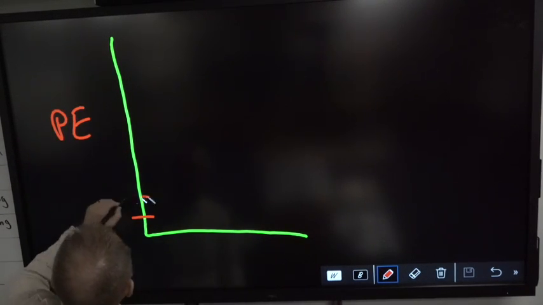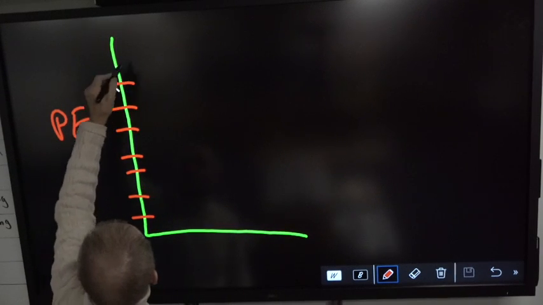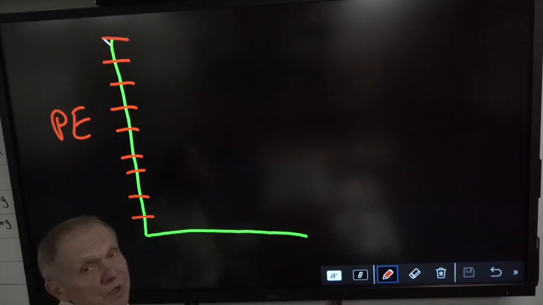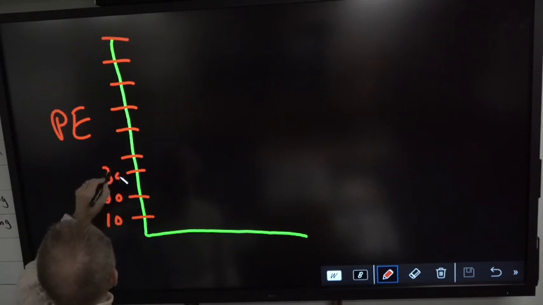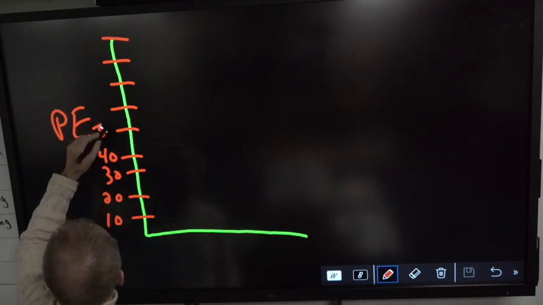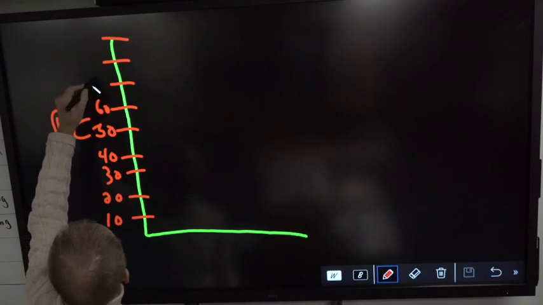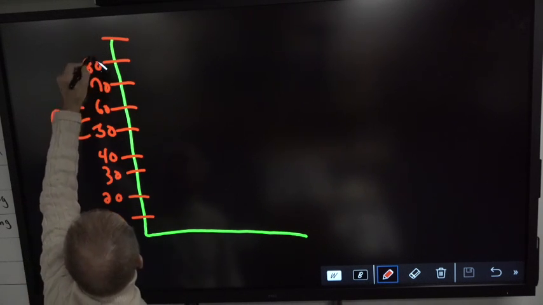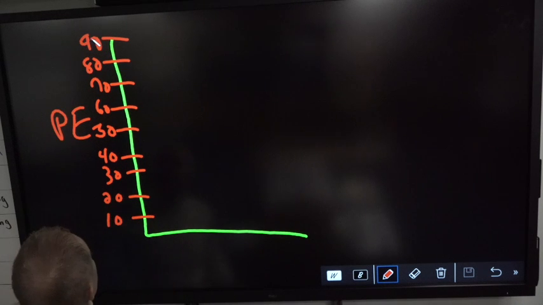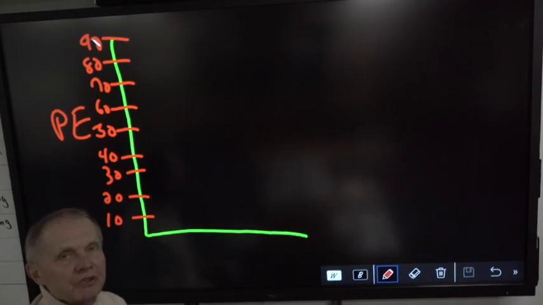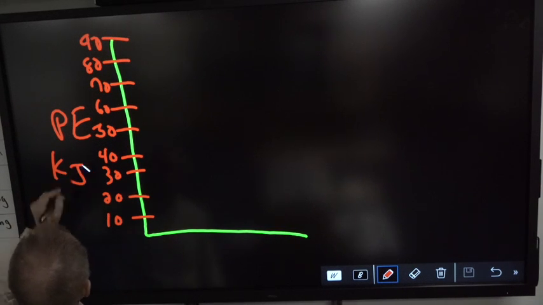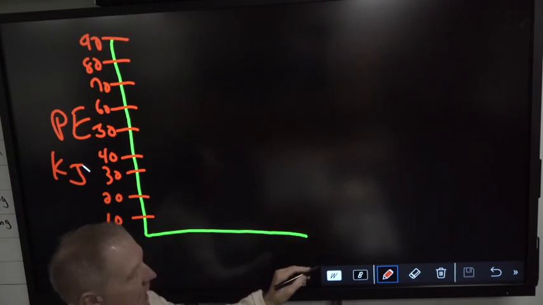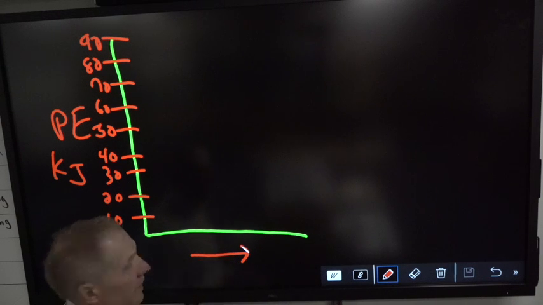We're going to go up to like this, 10, 20, 30, 40, 50, 60, 70, 80, 90. And potential energy will be expressed in kilojoules, which is kJ. All right, this is just the reaction coordinate, or like I tell the kids, time for the reaction coordinate.